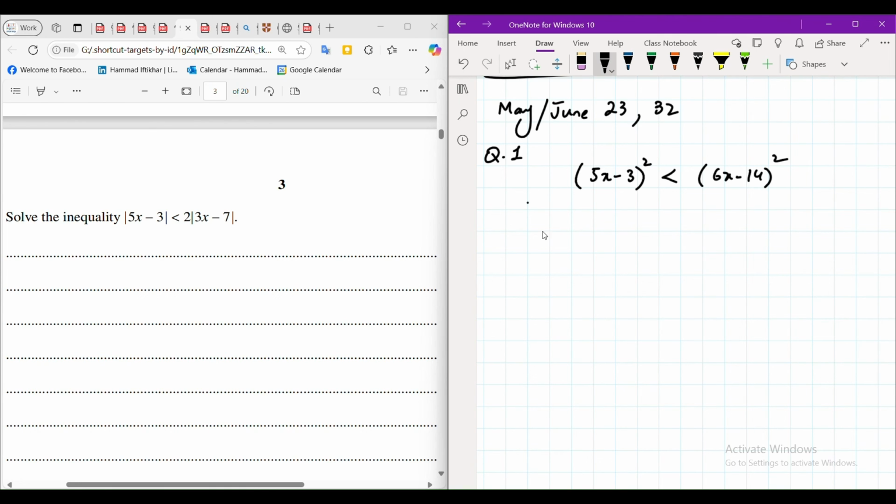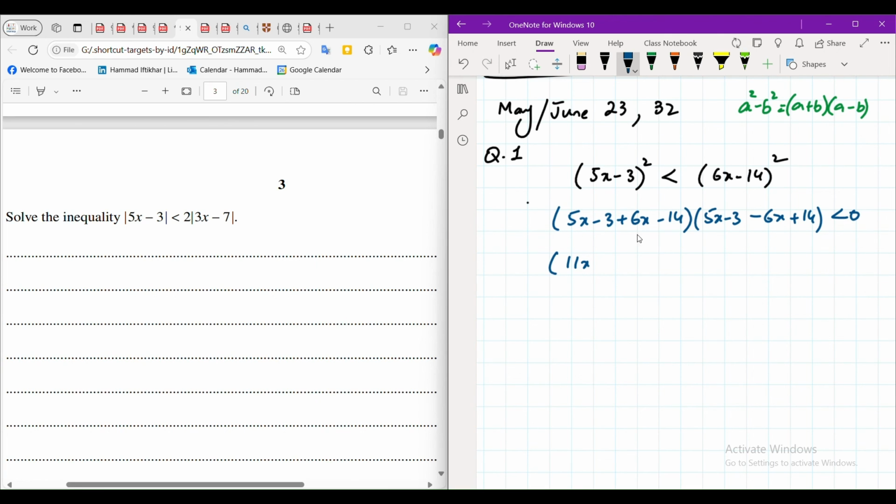Now, since this looks like a squared minus b squared, which can be factorized as a plus b, a minus b, we can rewrite it as 5x minus 3 plus 6x minus 14, and 5x minus 3 minus 6x plus 14 less than 0. So 11x minus 3 minus 14, that is minus 17, minus x minus 3 plus 14 is 11, less than 0.